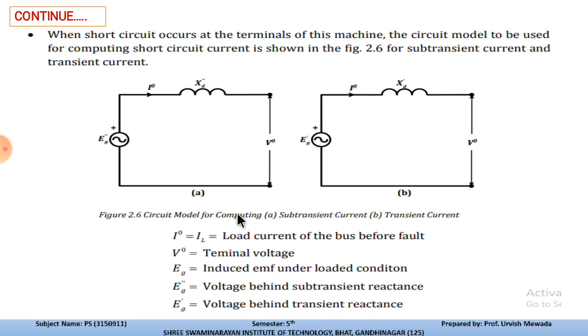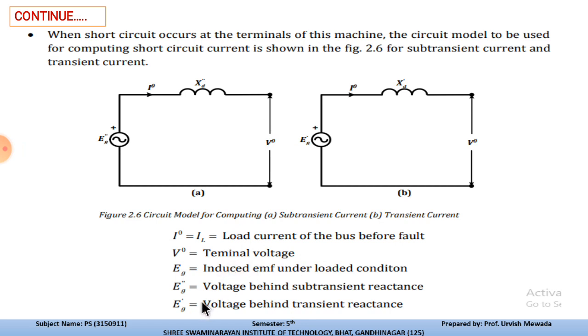Here I0 is equal to the load current of the bus before the fault, V0 is the terminal voltage of the synchronous machine, and EG is the induced EMF under loaded condition.